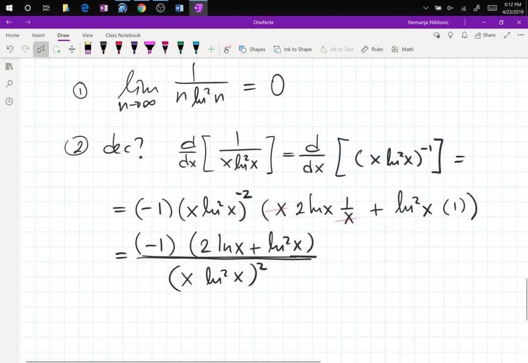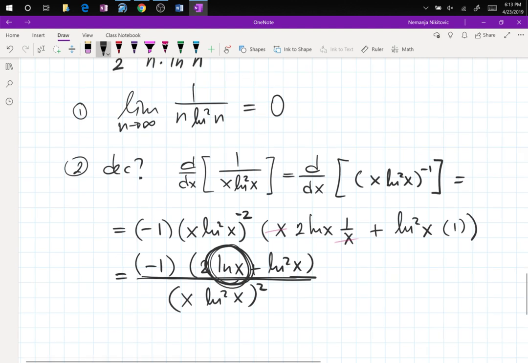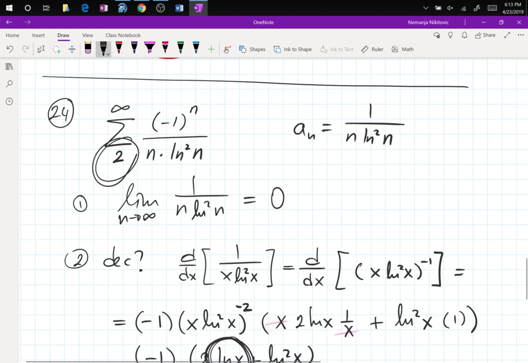The denominator is squared, so the denominator will only give us positive numbers. In the numerator, I have a function whose values are all positive after 1. But our domain starts at 2. Right?